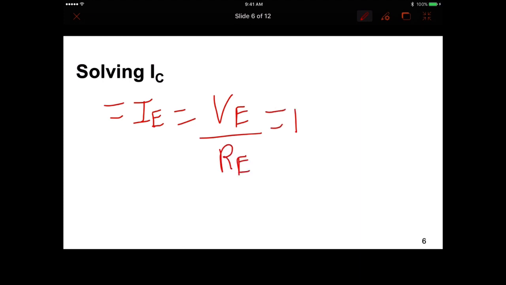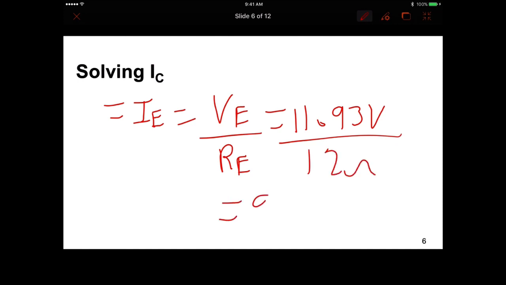So that was 11.93 divided by 12 ohms. It's 994 milliamps. Okay, so it's a fair bit more current than we've seen up till this point. It's characteristic of these amplifiers.